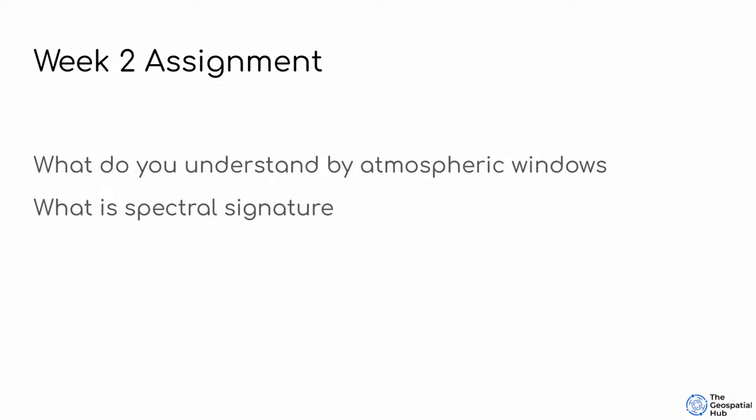Now the first thing is, what do you understand by atmospheric windows? What I would expect you to do is to do a little bit of research and understand what atmospheric windows are. Also, I've been using the word reflect. It is actually associated with spectral signature. Because we're trying to demystify remote sensing, I don't want us to use a lot of professional terms.